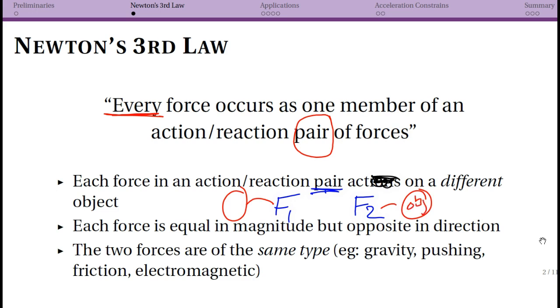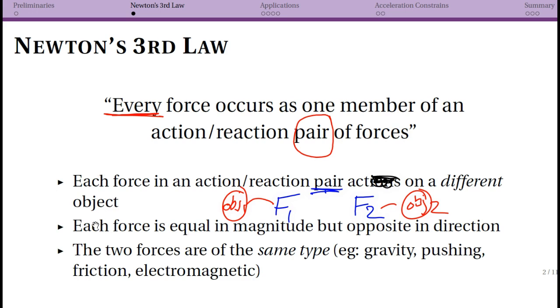They cannot be acting on the same object. If you think you identify an action-reaction pair, but both forces act on the same object, you are incorrect. So make sure that when you are identifying your action-reaction pair of forces, or your Newton's third law pair, as I frequently call them, they must be acting on different objects. One object is the agent for the other one, and vice versa. It's symmetric.